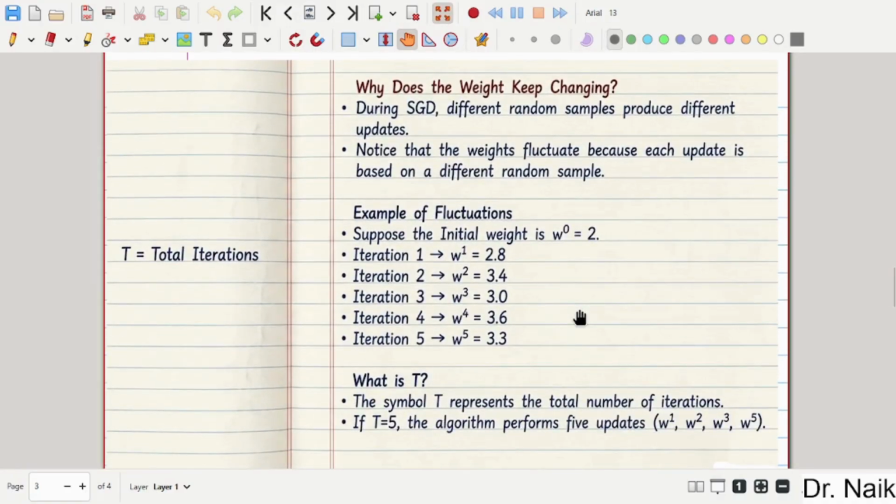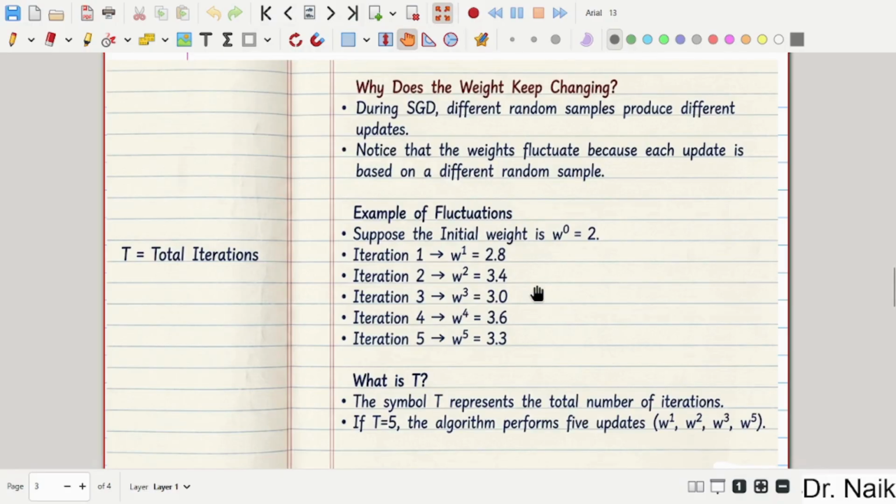Why does the weight keep changing? During stochastic gradient descent, different random samples produce different updates. Notice that weights fluctuate because each update is based on a different random sample.